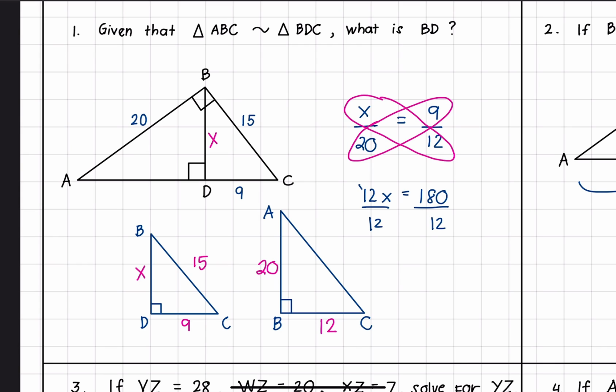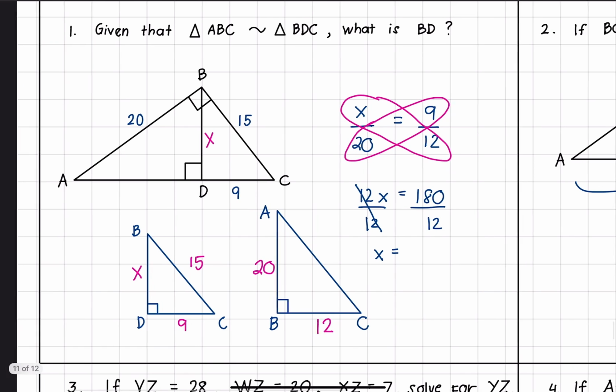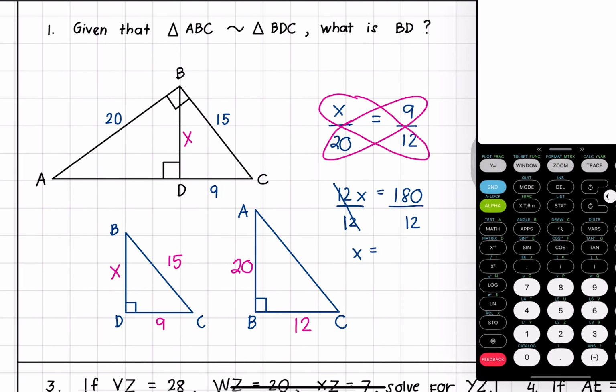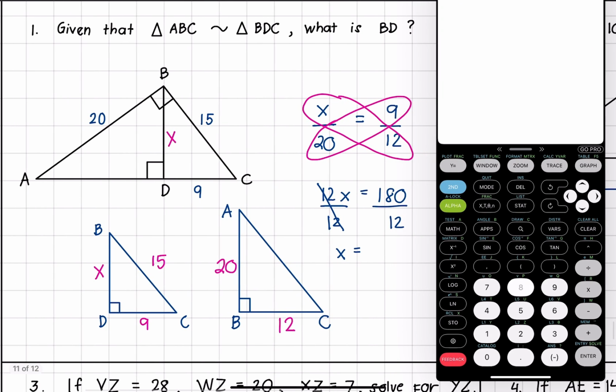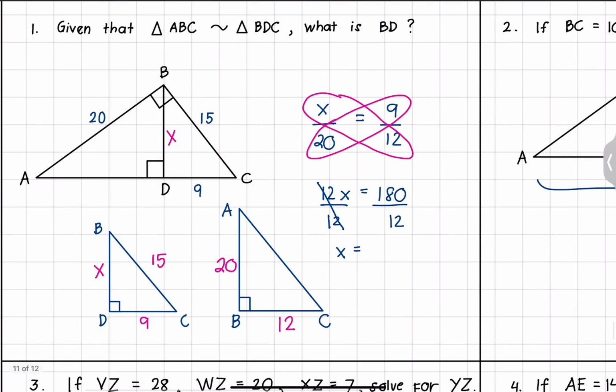So 12 divided by 12 is simply 1. And 180 divided by 12 is equal to 15. So since we set BD as X, therefore the answer is 15. BD measures 15.